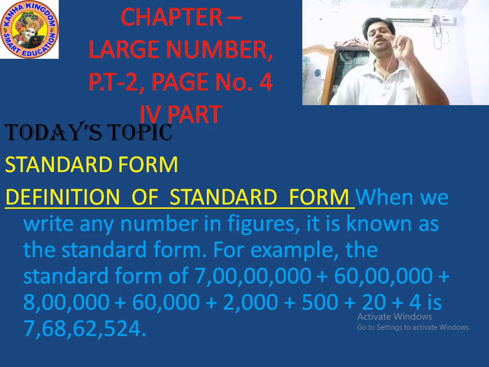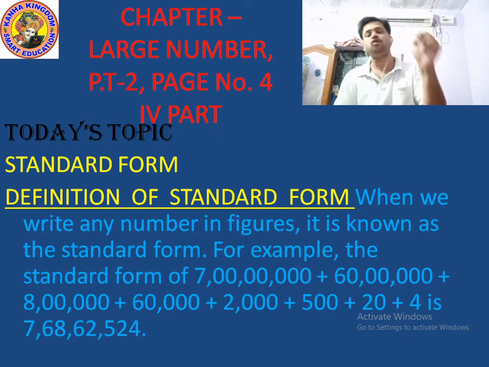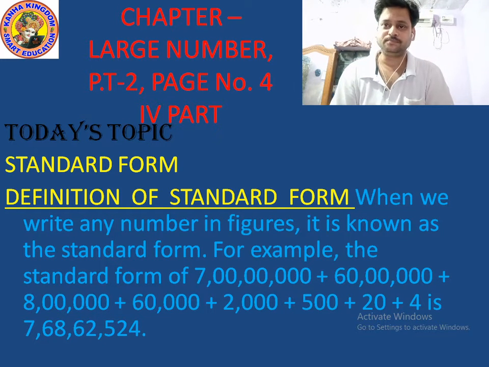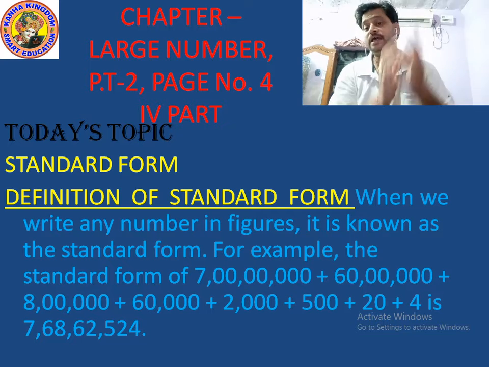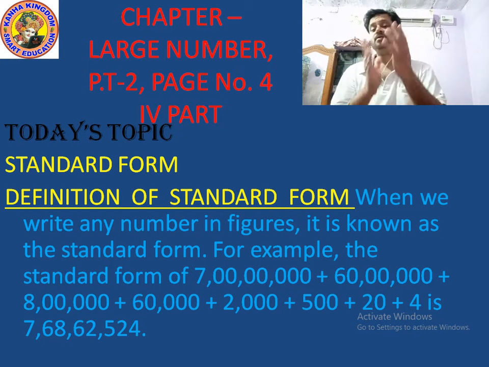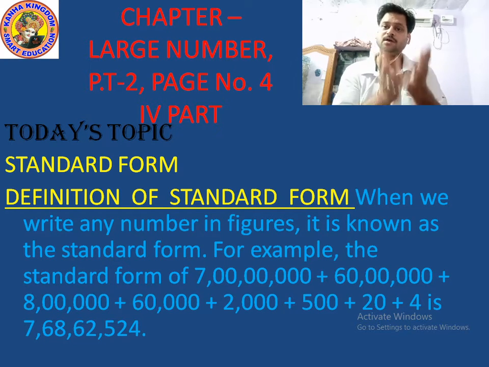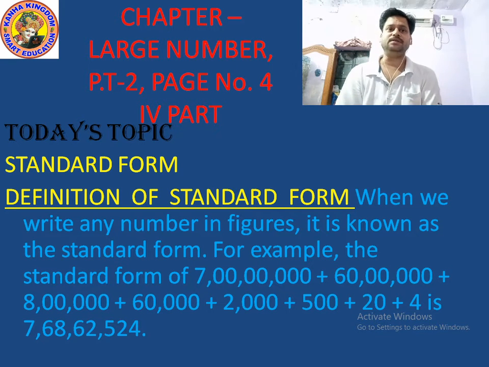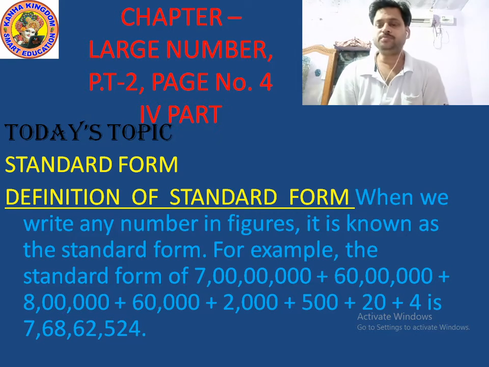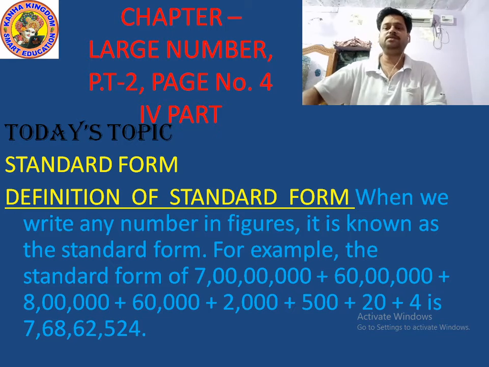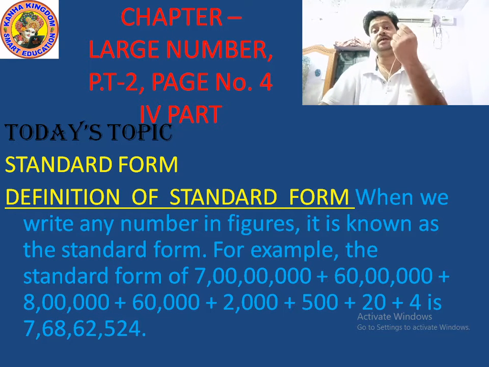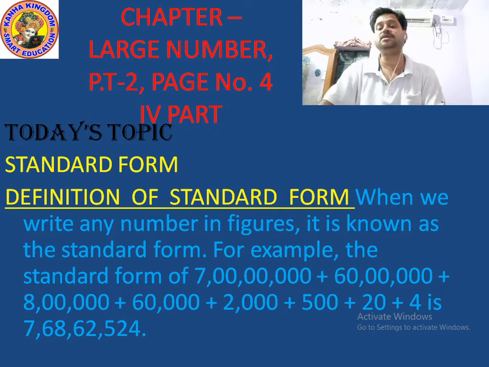Okay, so 7 crore 68 lakhs means 7,68 comma. Now the lakhs period is over. Which period starts? Thousands period. So in the thousands period is 60,000. Here is a single comma. Single comma means 2 periods, and the second period means thousands period.